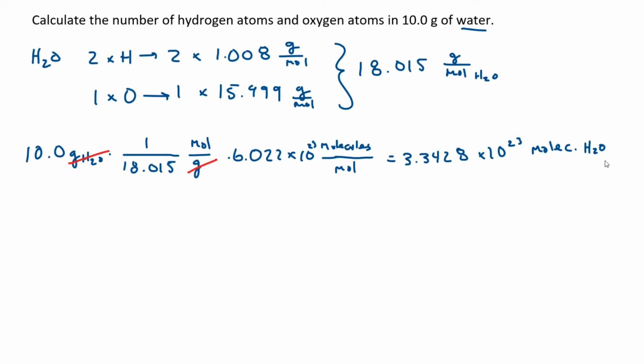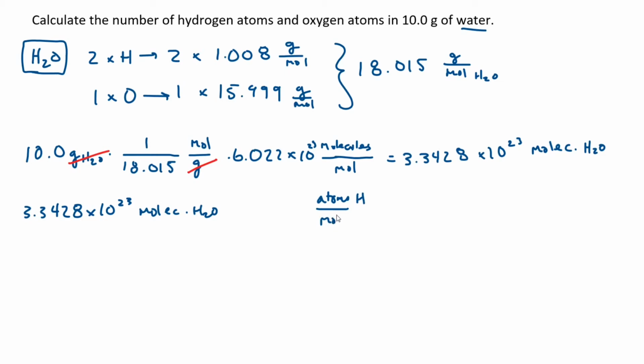Okay, so now to get from molecules of water to atoms of hydrogen or atoms of oxygen, we need to know how many of each are in one molecule. So we've already said there's 2 atoms of hydrogen per molecule of water. So let's write this out first. So we start with 3.3428 times 10 to the 23 molecules of water. And the conversion factor we're going to use now is to say atoms of hydrogen per molecule of water.